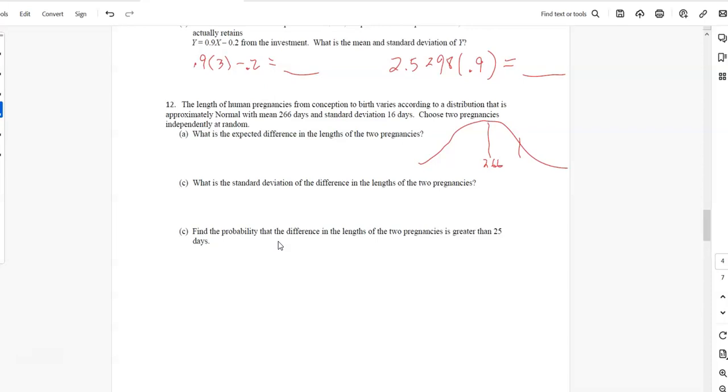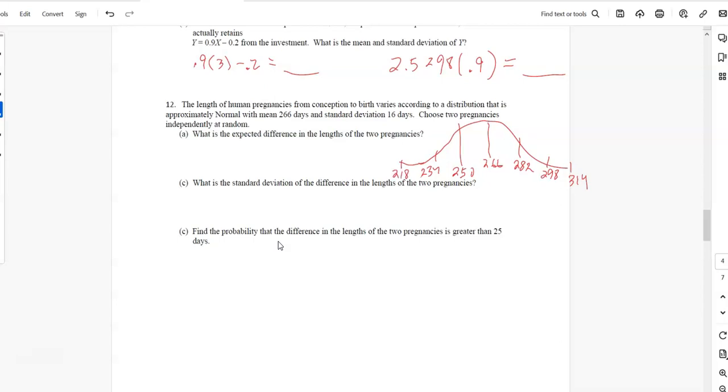So 266 plus 16 is 282, 298, I hope I'm doing this right, 314. And you can subtract: minus 16 is 250, 234, and minus 16, 218, I think.